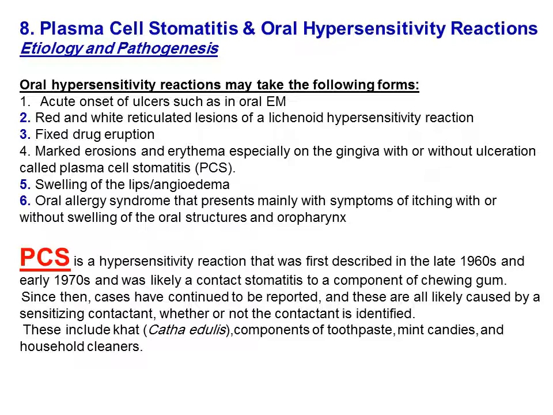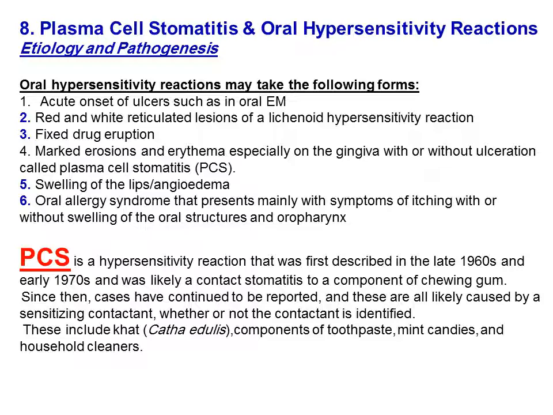Now we will talk about plasma cell stomatitis and oral hypersensitivity reactions. Talking about etiology and pathogenesis, considering the oral hypersensitivity reaction in the oral cavity, there are 6 forms. First, acute onset of ulcer such as in erythema multiforme.